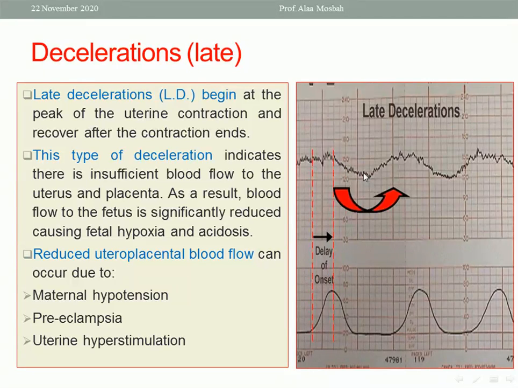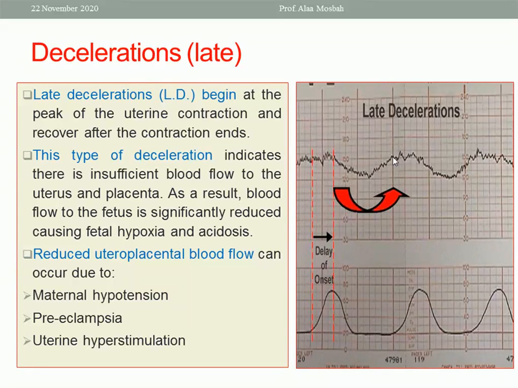It starts with the peak of uterine contraction and recovers after the contraction ends. As you see here, it recovered here. So after the contraction ends here, the deceleration ends here.